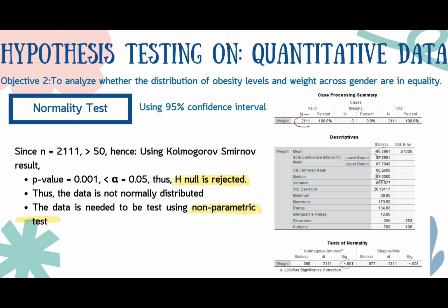Since the n value is 2111, which is more than 50, the Kolmogorov-Smirnov result is used. The p-value is 0.001, which is smaller than the alpha value, which is 0.05, hence, the null hypothesis is rejected. Therefore, the data is not normally distributed. Hence, a non-parametric test is carried out.